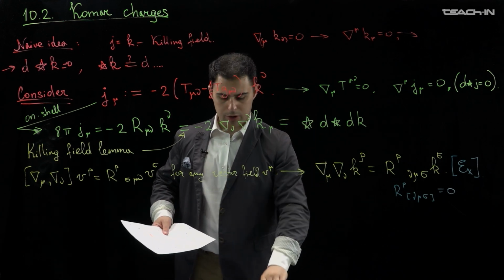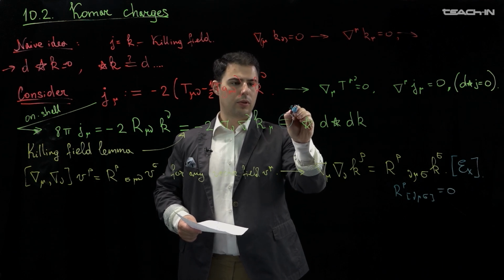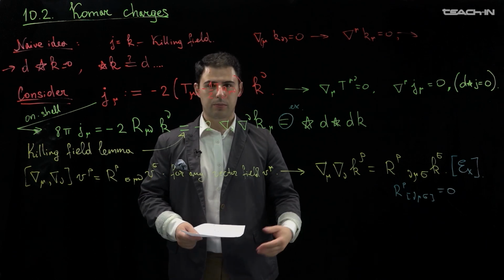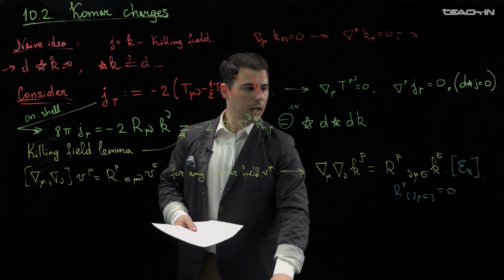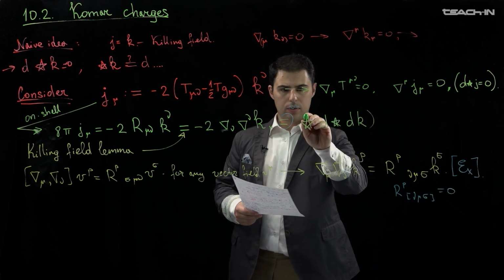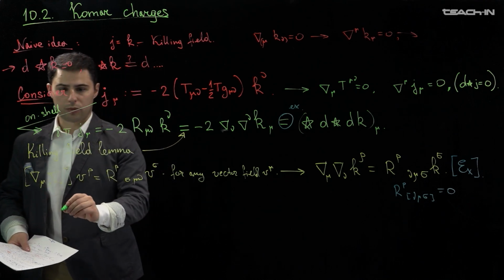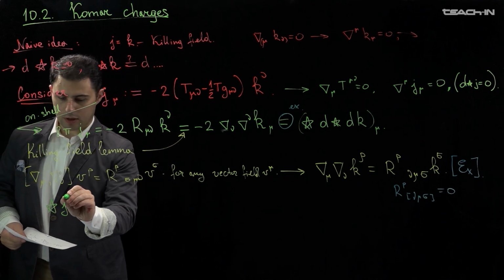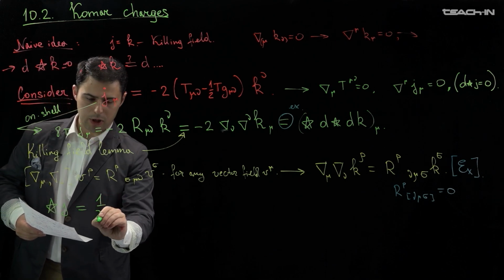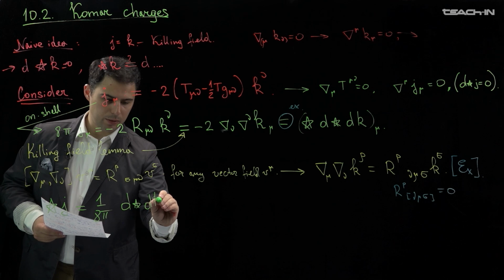Checking the factor here, it should be 1, is also an exercise in checking our differential geometry and our Hodge dual conventions. In other words, we have just shown that the Hodge dual of J_μ is exact, and star J equals 1 over 8π d star dK.